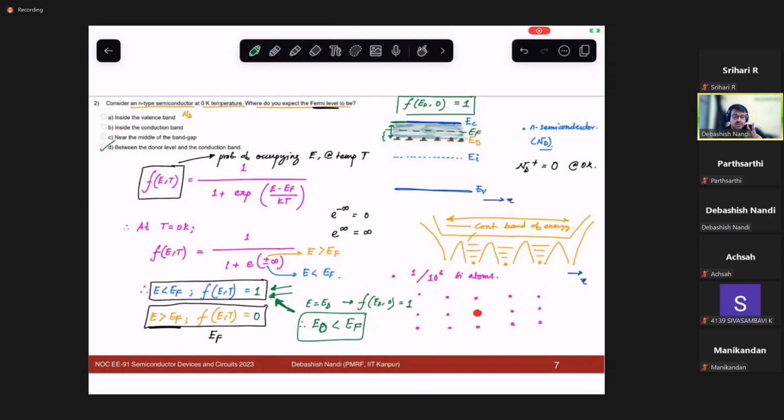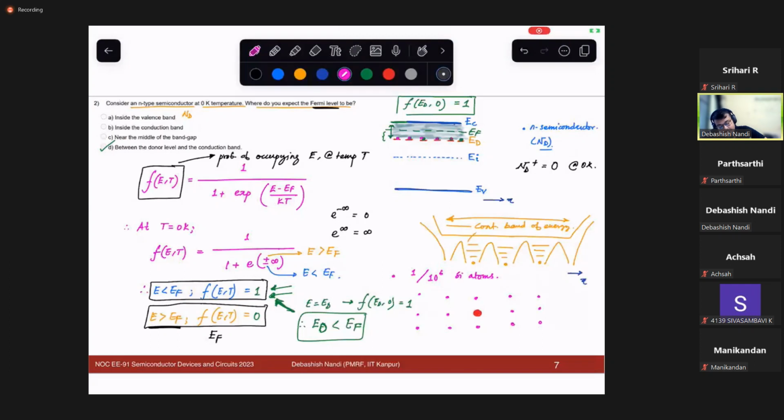There are two aspects of this question. First is that at 0 Kelvin temperature, no dopant atoms are ionized. That means all the electrons of the dopant atoms are possessed by that atom only. In the energy band diagram, that is represented as all the electrons being at this location only.